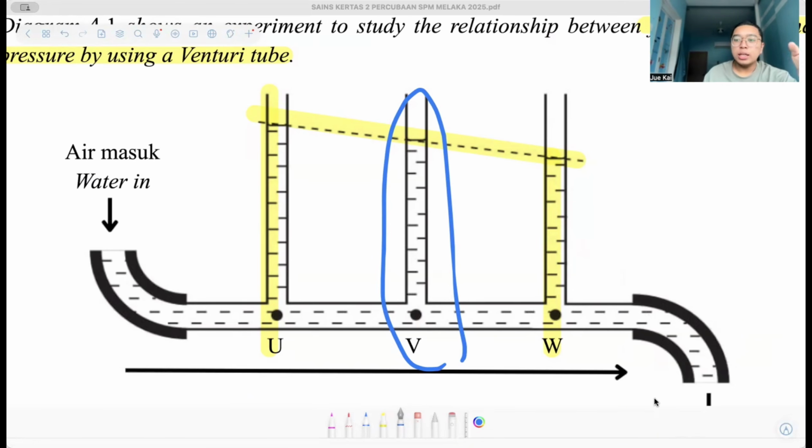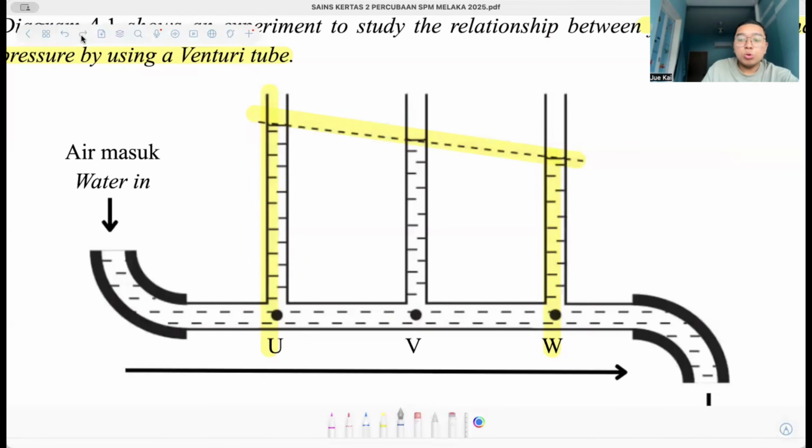No need to take the middle one. I don't understand why students keep asking this kind of question. It tells you to do observation, take the highest and the lowest, or else take the dotted line. Nonsense question.